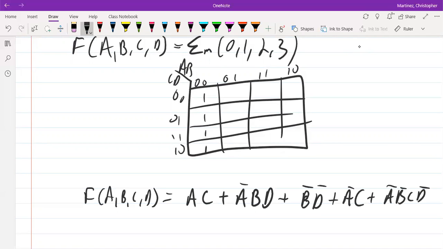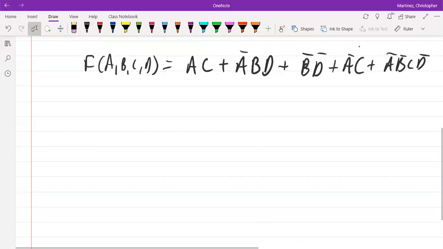Okay, so we're given a number of different terms. We might not know if this is the most reduced expression. We just know that is an expression we have. And we want to verify, is that the smallest we can get?